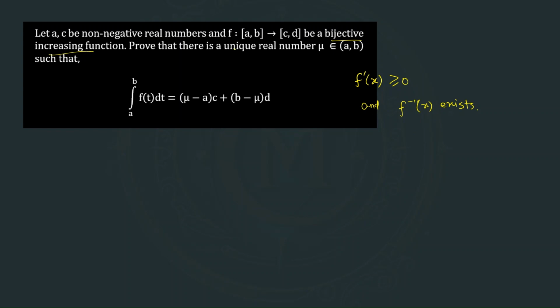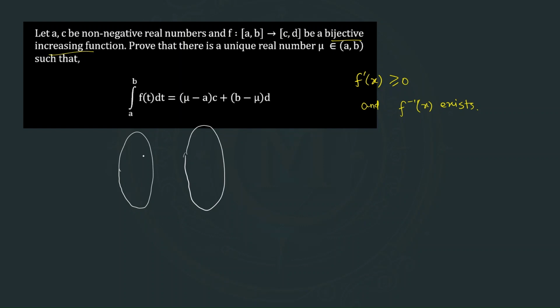Now, what is the significance of this statement? f is a bijective function. That means if the domain of the function f of x is like this and the codomain is like this, the codomain has to be equal to the range of this function. So the codomain is closed interval c to d, so it has to be equal to the range.